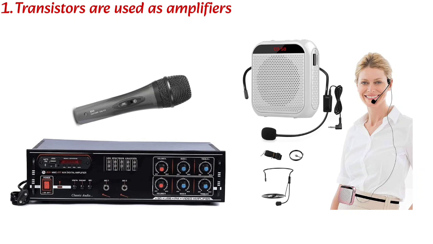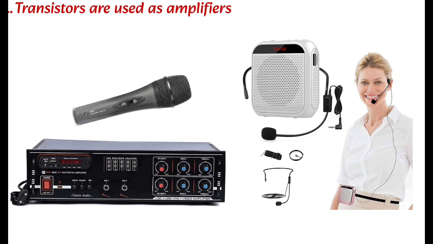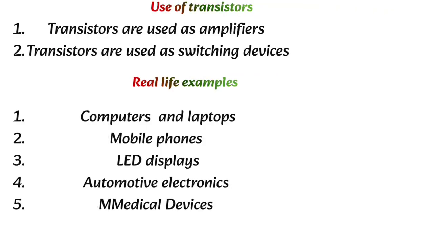That's why the output signal is very strong. These are some real life examples of where we use transistors. First, the transistor is used as an amplifier, and it is also used as a switching device.